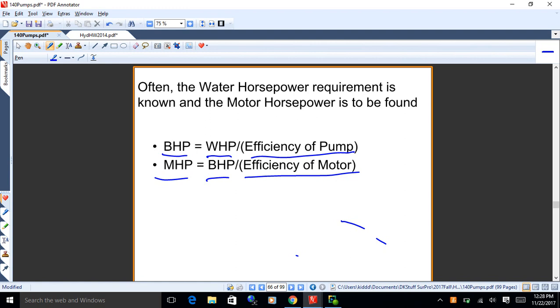Okay? So that's normally how this works. So you got to step it backwards is how you do it. Because you can calculate the water horsepower. You can calculate that and then walk back. That's how you do that.